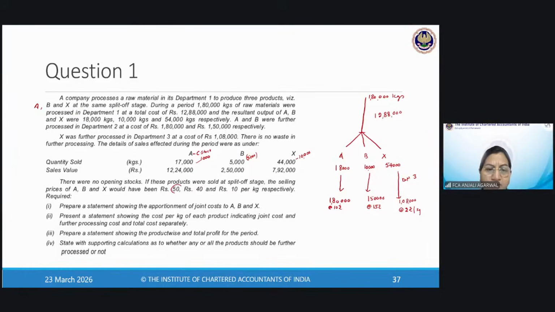And if these products were sold at split off point, they could have been sold at 50, 40, and 10. So you could have sold them here itself at the rate of 50, 40, and 10.